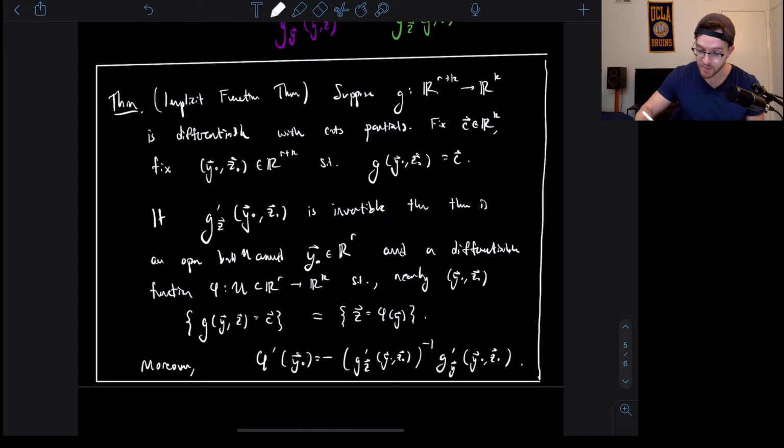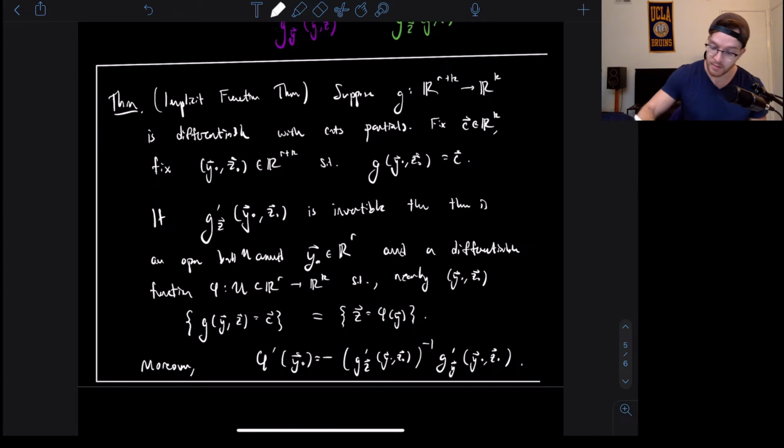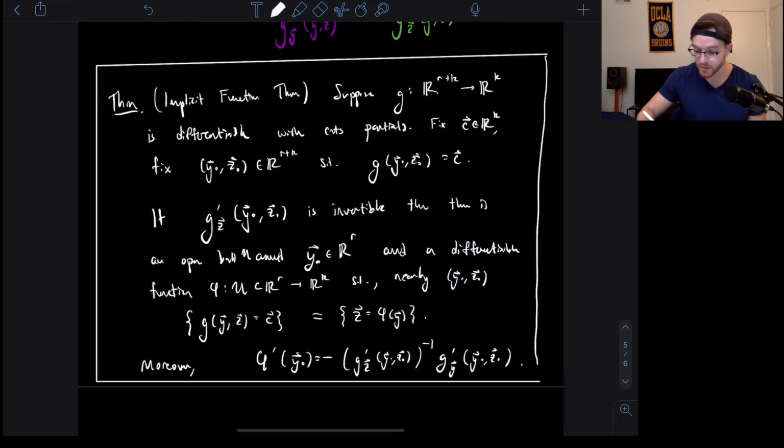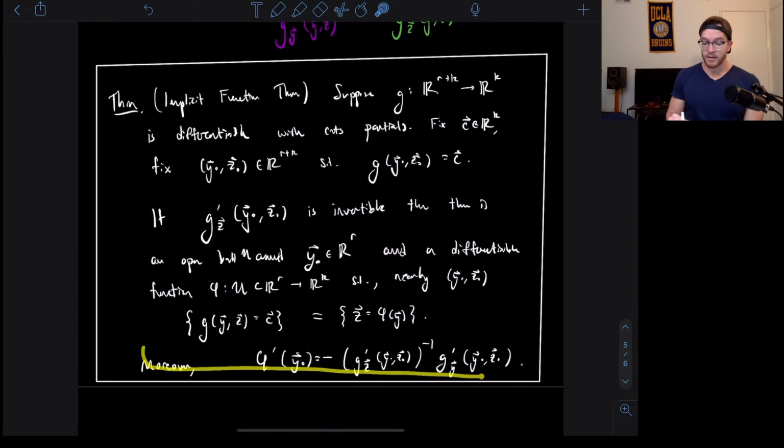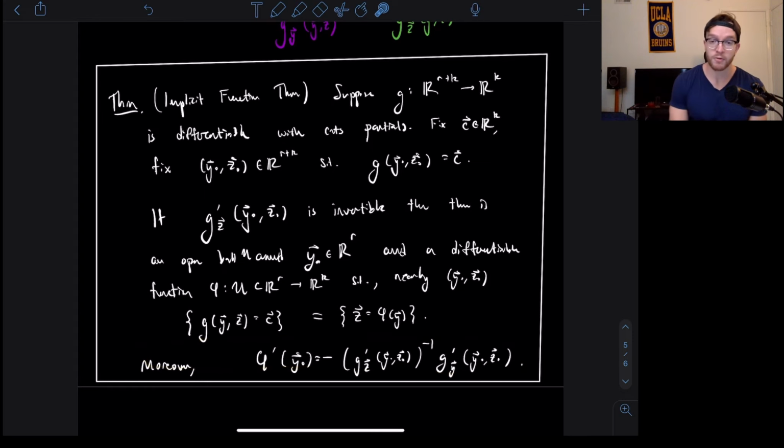Now, I still have a couple remarks about the statement, because there's a new part here that I haven't talked about. The new part is this moreover statement about the derivative of phi. So why do I care about this thing, or why would it be useful? Here's the deal with the implicit function theorem.